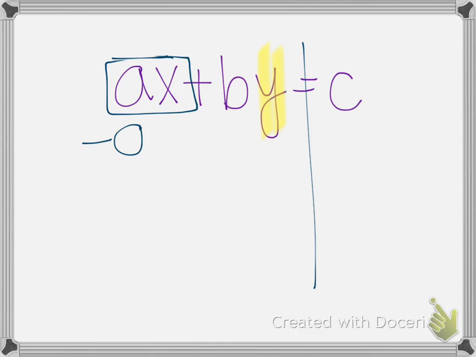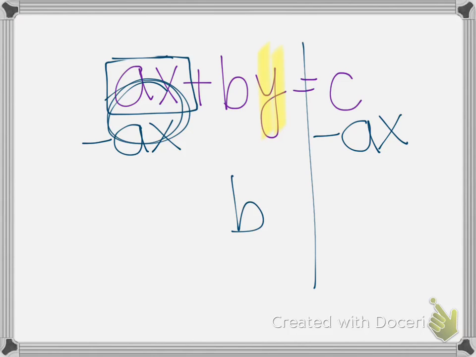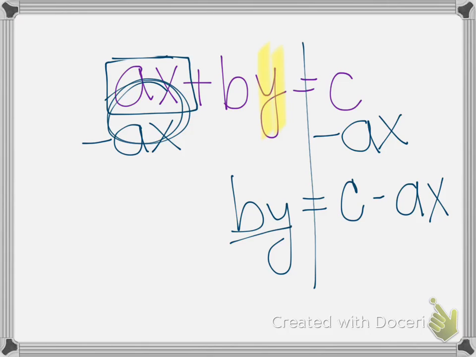So to get 0, I minus ax on both sides. Here I get 0, bring down by, equals c minus ax is just c minus ax. They go side by side, and then to get rid of the b is timesing, so we're going to divide it. There's 2 ways you can write this.